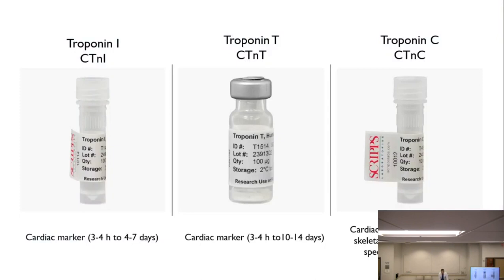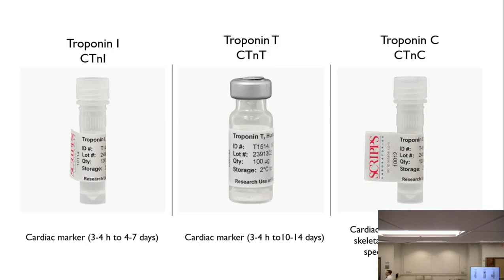And these are the cardiac markers that you are going to use in order to diagnose when people have cardiac necrosis. Notice that the different troponins may appear at different moments. For example, troponin I may appear in 3 to 4 hours and will extend for 4 to 7 days.